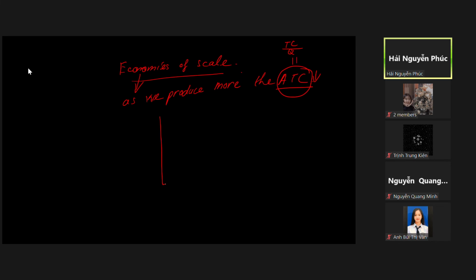Ví dụ thầy vẽ cái đồ thị, em có thể thấy đường ATC giả sử như thế này. Nếu chúng ta đang sản xuất ở đây, quy mô sản xuất là Q1, chúng ta có ATC 1, tức là chi phí trung bình trên một đơn vị là ATC 1.